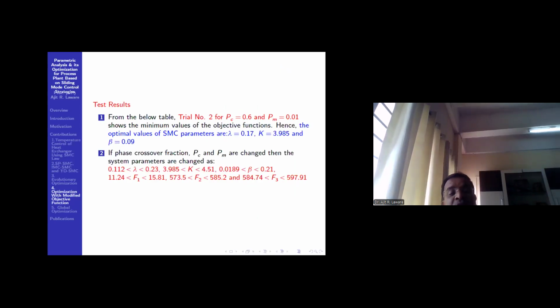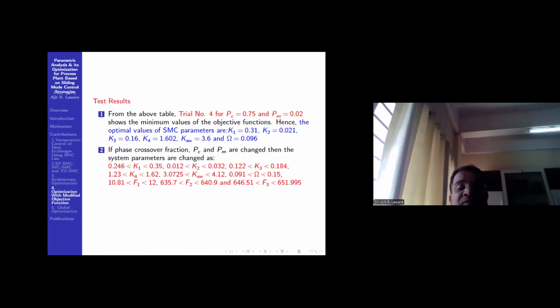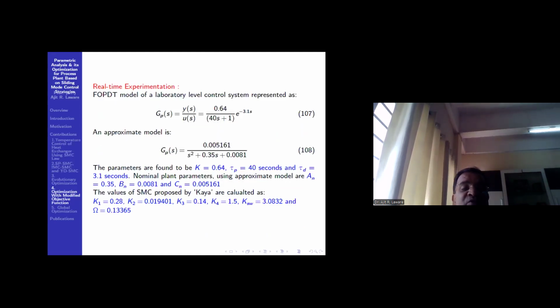So this is the result table, from which I'm deriving the decision variables or controller parameters. For NSGA2 Kaya SMC, I utilize the same procedure and find the controller parameters as well as objective parameters. Again I have done the modeling, and now I'm getting this approximate model and FOPDT model like this.